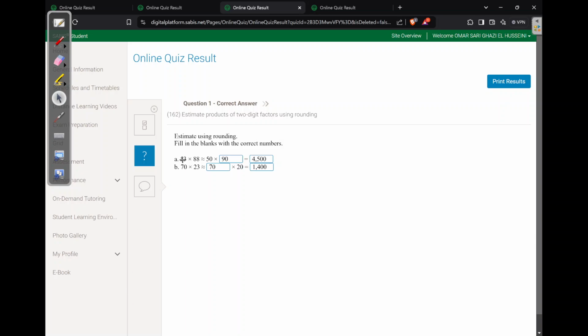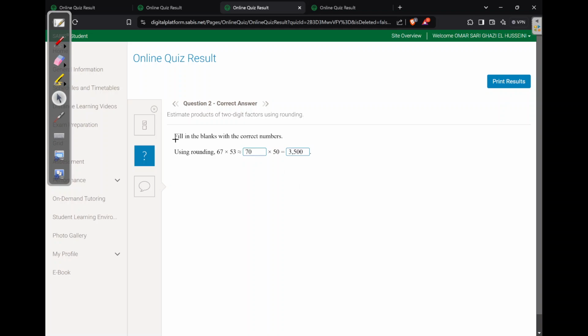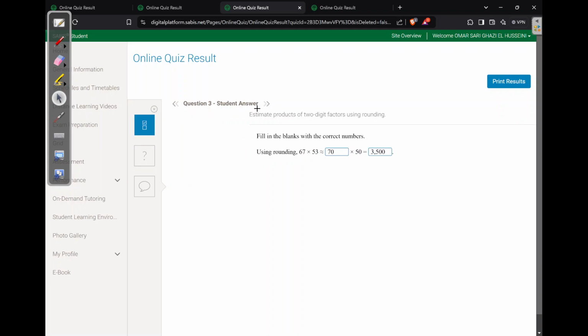Okay, here 5 times 9 equals 45. Add the two zeros, 4,500. 7 times 2 equals 14. You add the two zeros, 1,400. Here, we round the 60, so now it's 70, and then times it by 5, or times it by 50 equals 3,500.